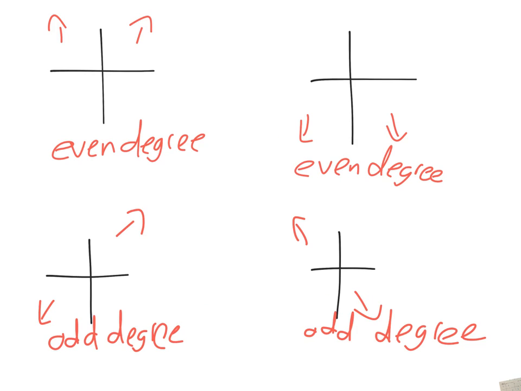Now, how can I know if my parabola opens up or opens down? If it was a parabola, a quadratic, how did we know? Very good. Leading coefficient, right? The number in front of your highest degree term. If it was positive, it opened up. If it was negative, it opened down. The same is true even if it's a 4th degree, 6th degree, 8th degree.